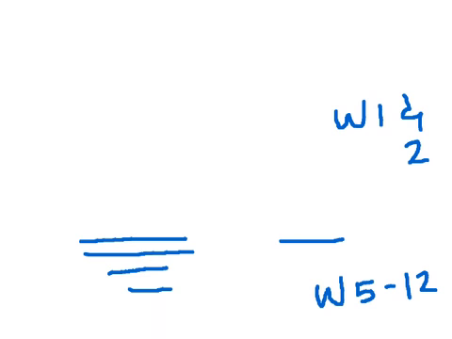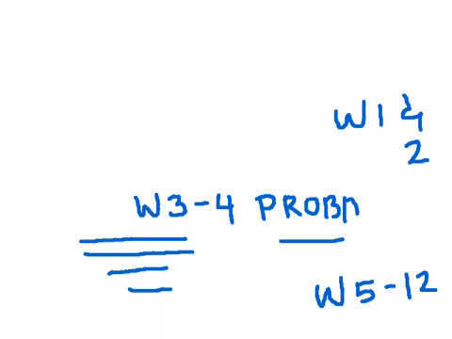In case you are wondering, guys, week 3 to week 12, what is going to happen? Sorry, let me correct my mistake there. In case you are wondering, week 3 and week 4, what are we going to be studying? We are going to be studying probability. If you want to do estimation, that means you are playing with probability.